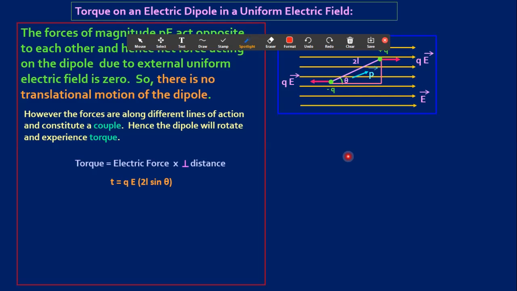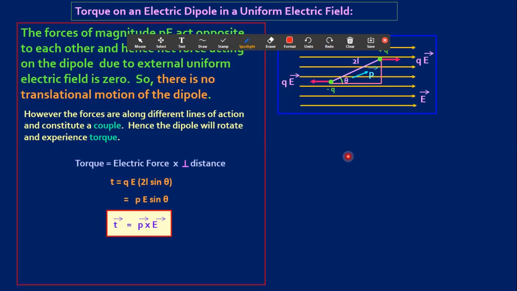So, torque tau is equal to QE multiplied by distance 2L sine of theta. We are using sine of theta because we are taking the component. So that is PE sine theta.